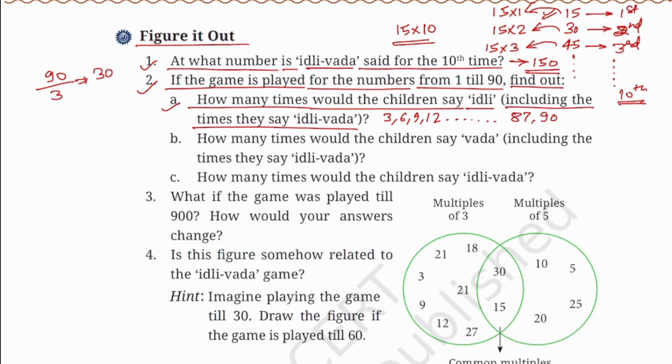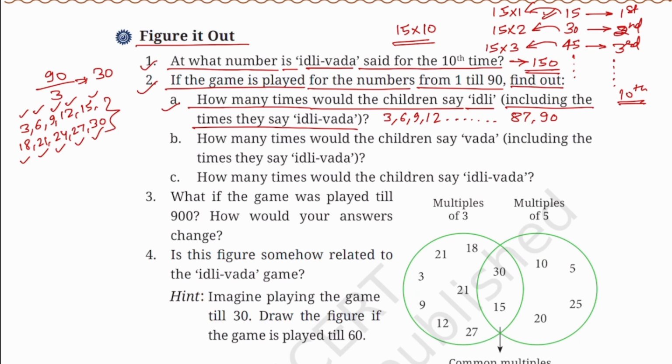For simplicity, if you have counted the number of multiples of 3 between 3 and 30, that is 3, 6, 9, 12, 15, 18, 21, 24, 27, and 30. How many times? 1, 2, 3, 4, 5, 6, 7, 8, 9, 10.